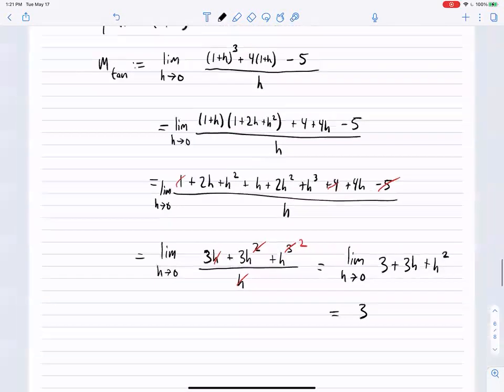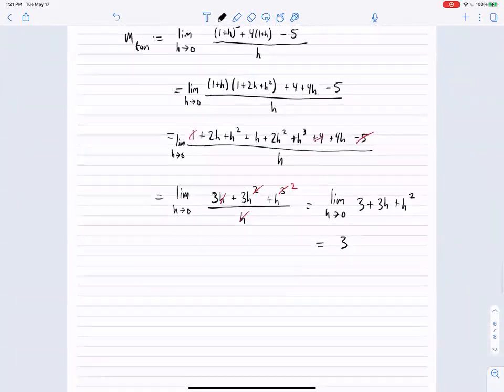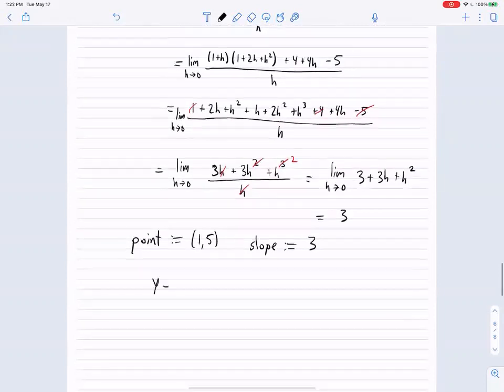And so the slope of our tangent line is 3, and the point is 1, 5. So our point is 1, 5. Our slope is going to be equal to 3. And so now the equation of our line is y minus 5 is equal to 3 times x minus 1.